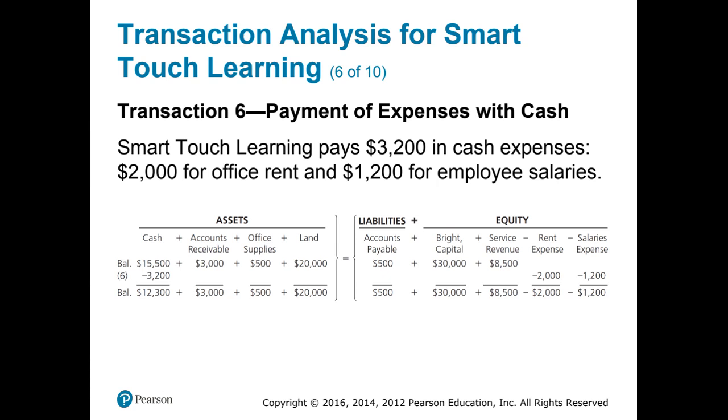And we're going to reduce our salaries expense by $1,200. So we're subtracting out $2,000 for rent expense, subtracting out $1,200 for salaries expense. Those both equal out to the same amount. So we know that we're still in balance.